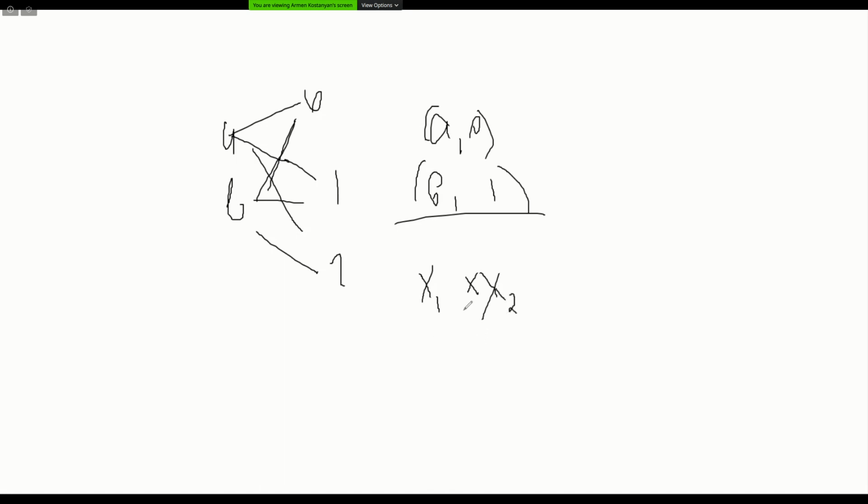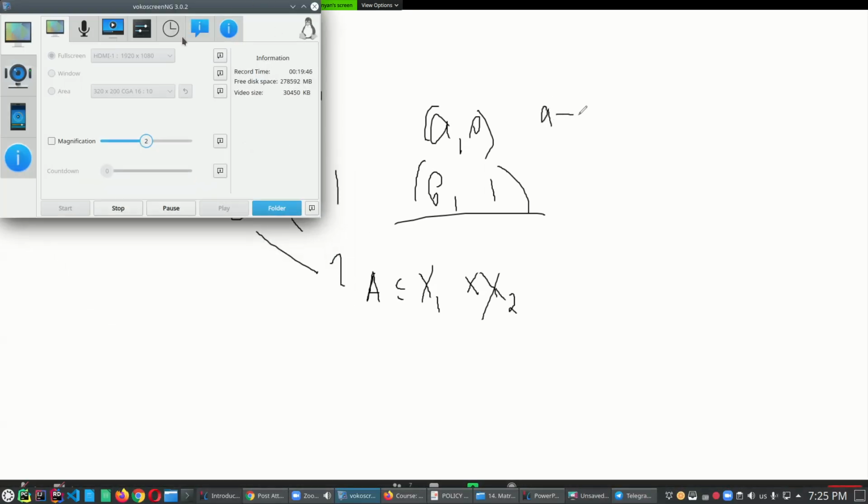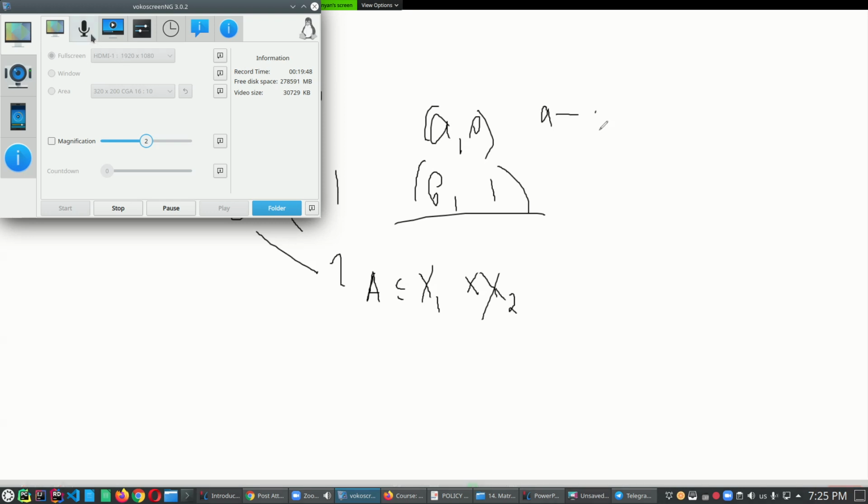After that, we need to choose some subset of x1 and x2 that cannot be represented as a Cartesian product, despite the fact that, for example, suppose A is some subset of x1 multiplied by x2, but A cannot be represented as a Cartesian product. For that, we need to have, for example, A together with 0.